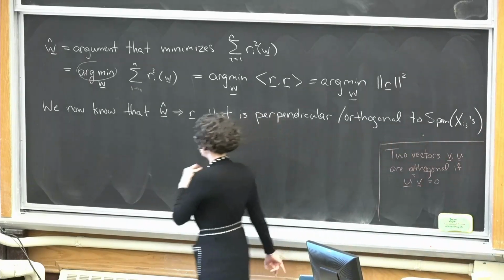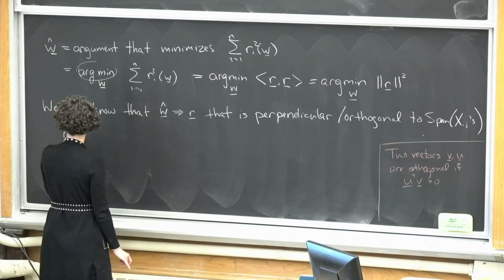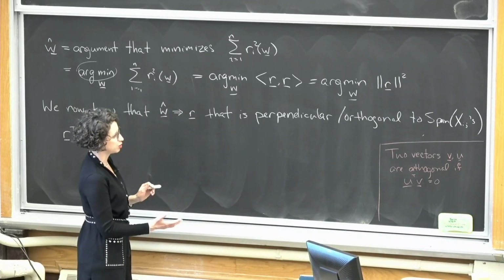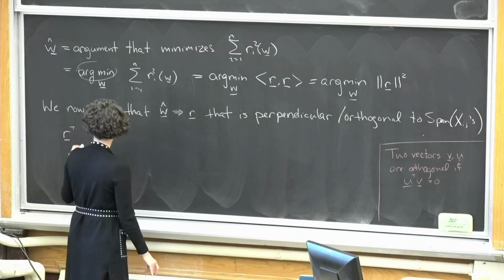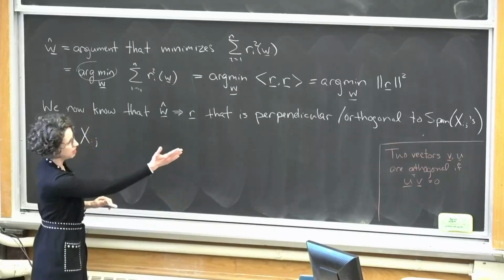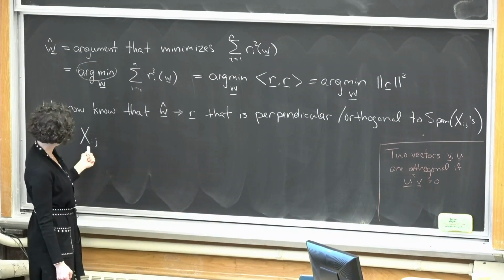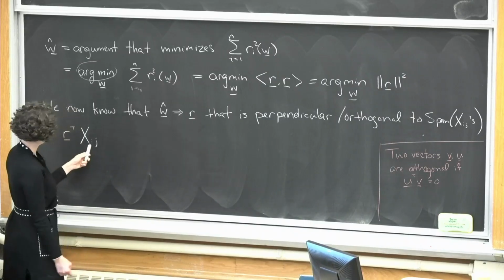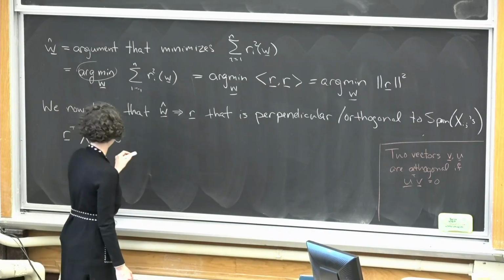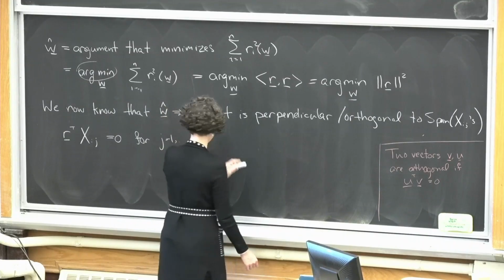In particular, if we look at the inner product of this residual vector with any one of the vectors in this span, it has to be equal to 0. So if I take x colon j, the vector of the jth feature across all of my training samples, and take the inner product of that with this residual vector, then that has to be equal to 0 for all j, for all of my different p features.